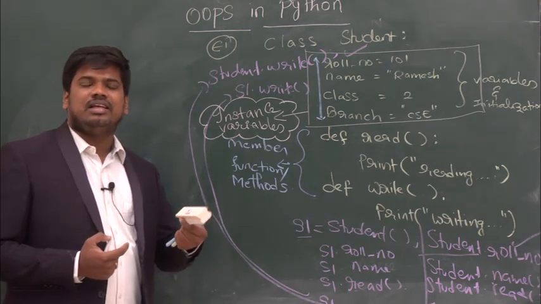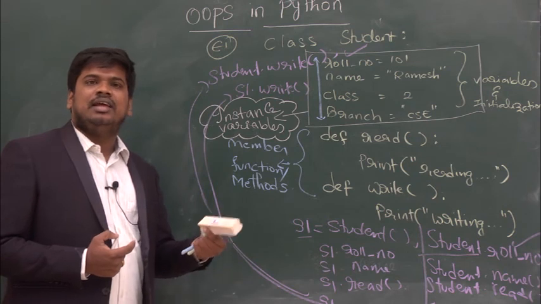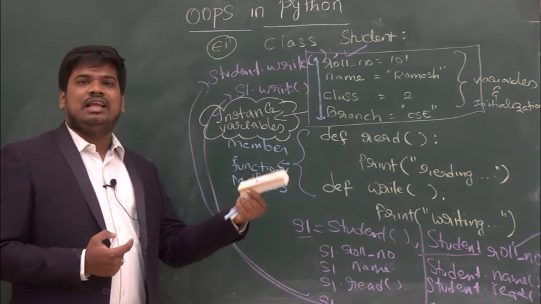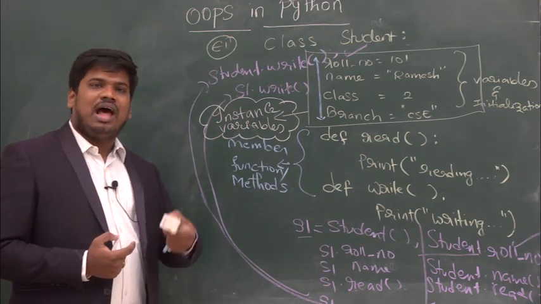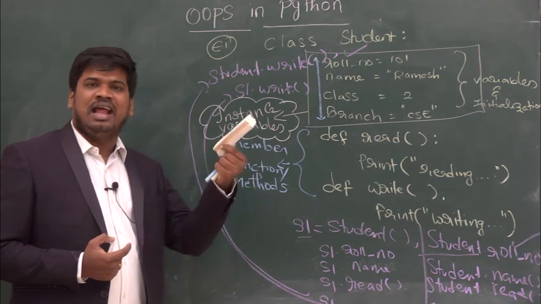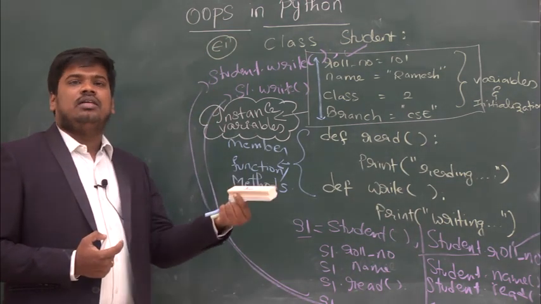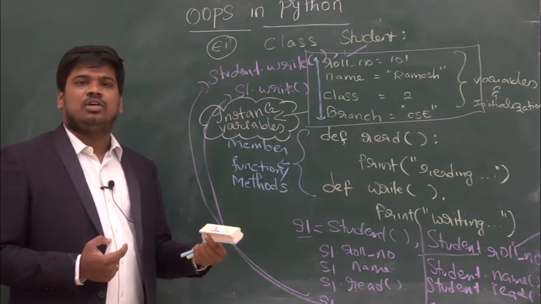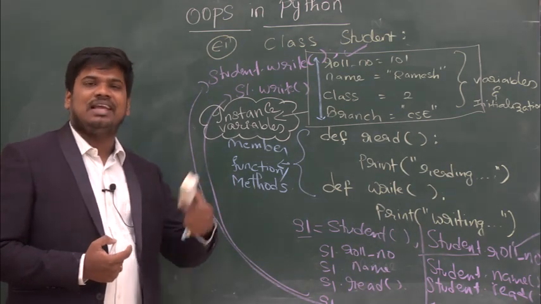If you are familiar with the this pointer in C++, or the this keyword in Java, there I am using this, and here I am using self. I will explain the differences between this and self. The working of self I will explain, and the importance of init in my next lecture.